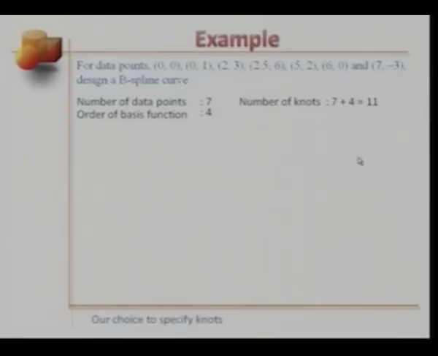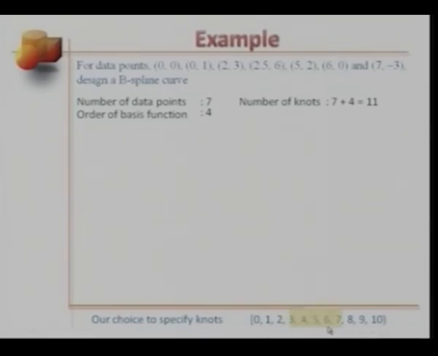It is up to the user to specify the values of the knots, t0 up till tm. Here, we choose to work with uniform knot span. t0 is 0, t1 is 1, and so on up till t10, which is 10. These are clearly 11 knots.